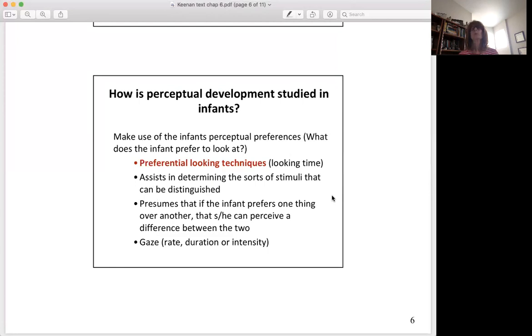It presumes that if the infant prefers one thing or another, that they can perceive a difference between the two. Researchers typically look at rate, how often infants gaze at something, the duration of that gaze, or maybe even the intensity of that gaze. So they use that data to inform how infants create perceptual preferences.